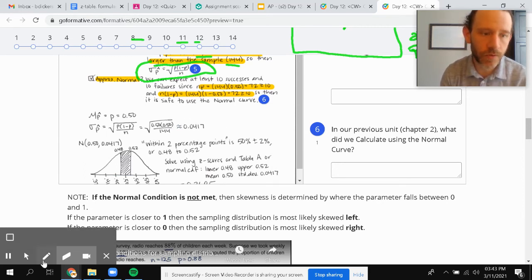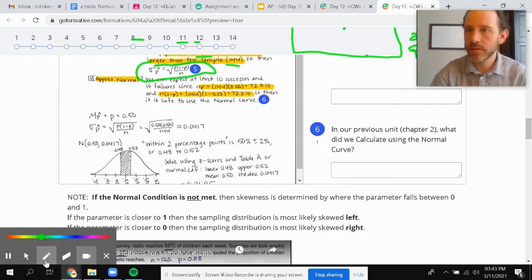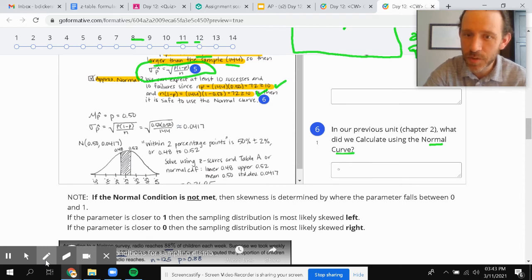Those two both have to be checked off for this to be considered normal. And once we get to the fact that it's normal, then I can get proportions out of that distribution, or percentages or probabilities. That's those three P's.